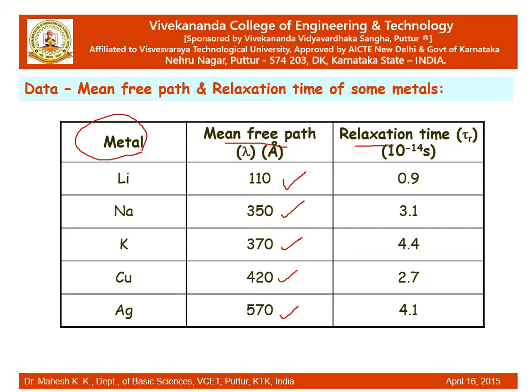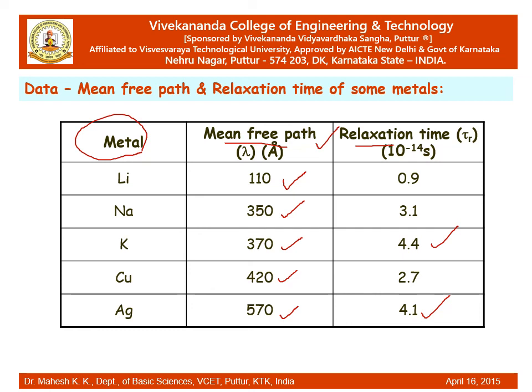And these are the relaxation times: for silver it is 4.1, and for potassium 4.4, etc. Now if you look at the mean free path, you have to correlate it with the conductivity property.